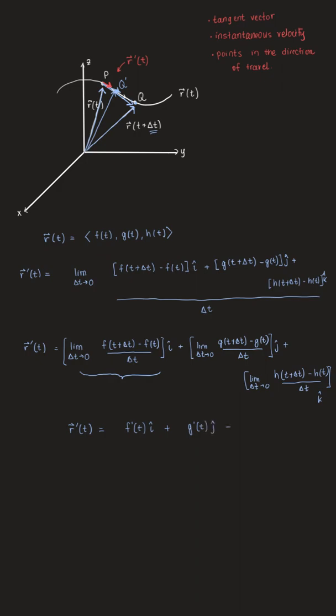And our third component, the derivative of h, so h prime of t, k. And that is just looking back at our derivatives in Calculus 1. So this is what we call the derivative of our vector function r of t, which means that we can evaluate derivatives component-wise, just like we can do for limits.